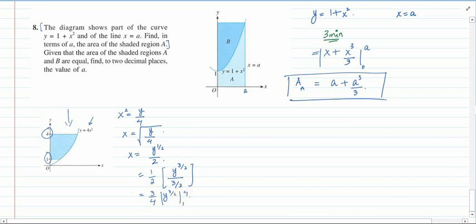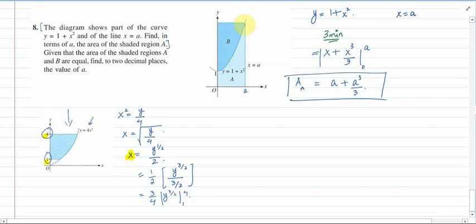Alright, so the main thing that I want to highlight here is that when we have limits on the y-axis, make sure that x is the subject of your equation. Now you need to compare this scenario with your part B here. If you observe, portion B also lies on the y-axis, right?